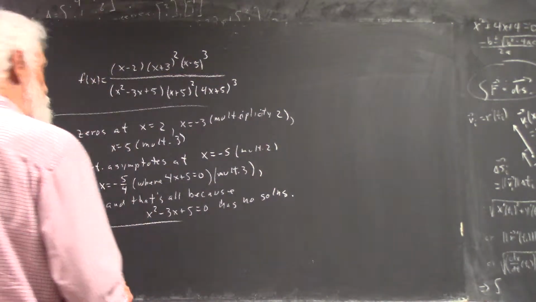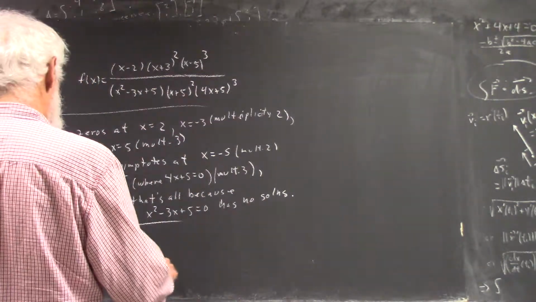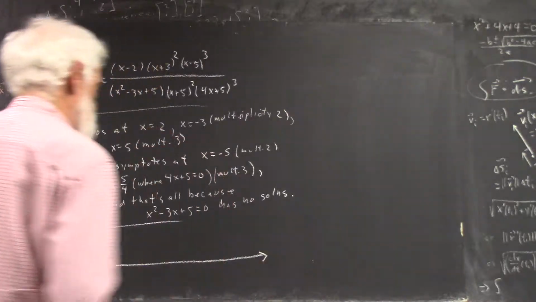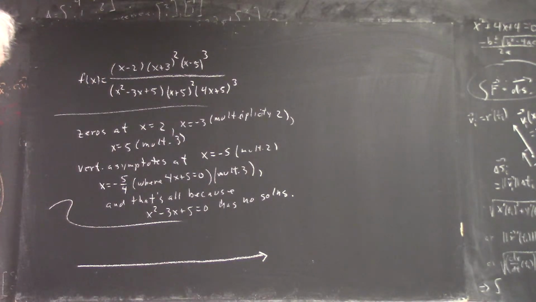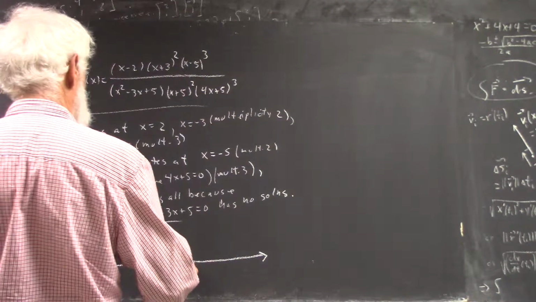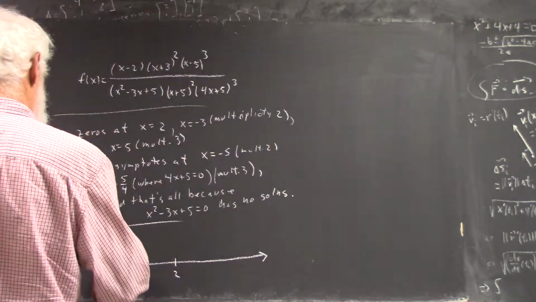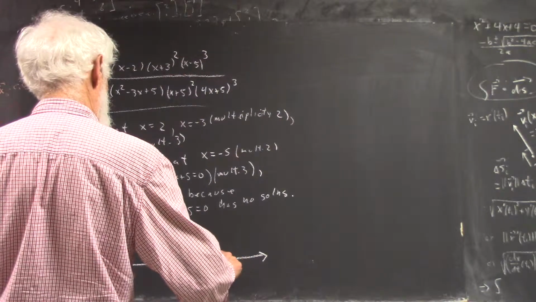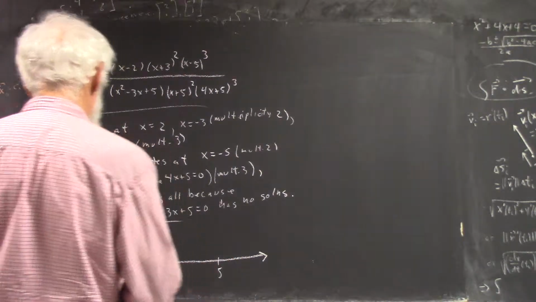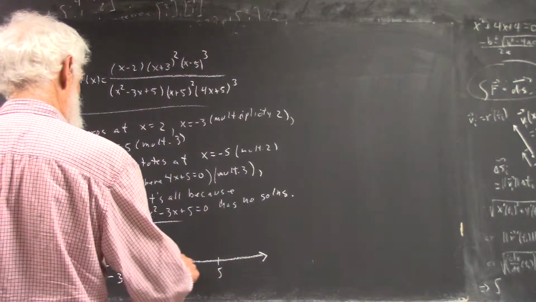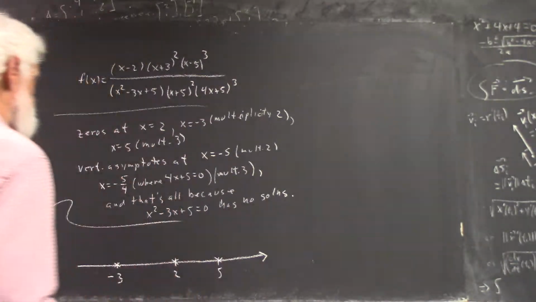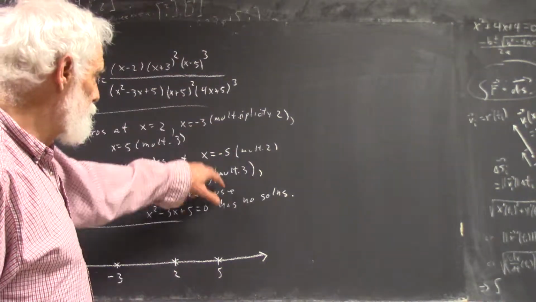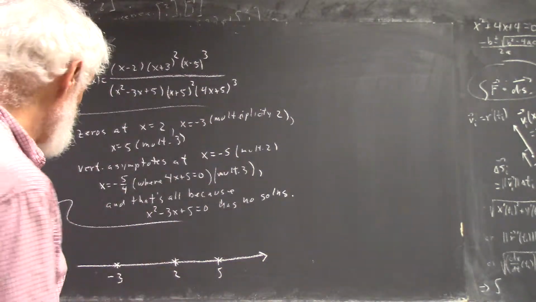Okay, so we take all that information, and give ourselves plenty of x-axis to work with because it's quite a bit of information. We have zeros at 2, at negative 3, and 5. Put little x's there to indicate those are zeros. Now, I could write the multiplicity down here, but we'll just refer back up here to see the multiplicities.